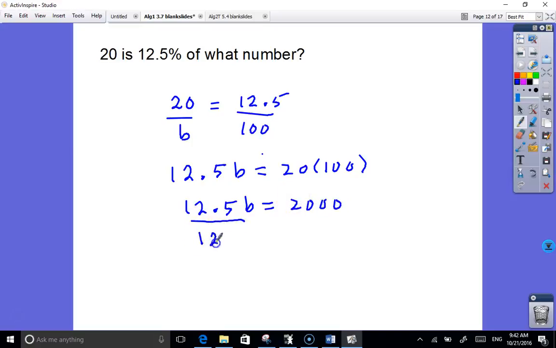Divide by 12.5, what'd you get? So what is 2,000 divided by 12.5? 160 even? 160 even?